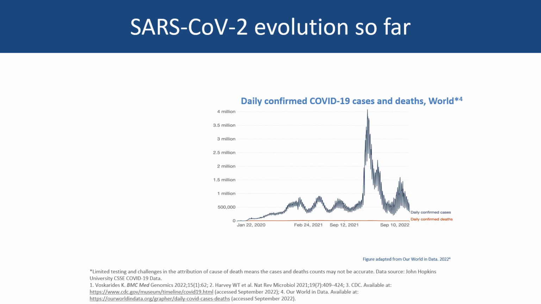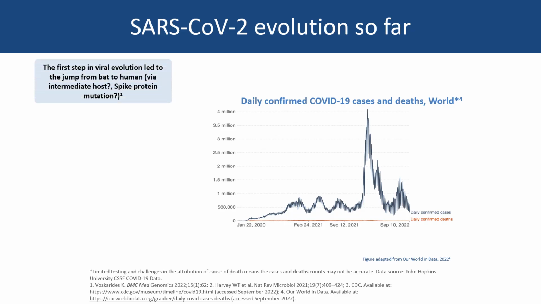So, since the pandemic started, mutations played an important role in the perpetuation of SARS-CoV-2 infection. There must have been some mutations early on that allowed the virus, which had adapted to bats, to jump to humans and be able to bind to the human ACE2 receptor.